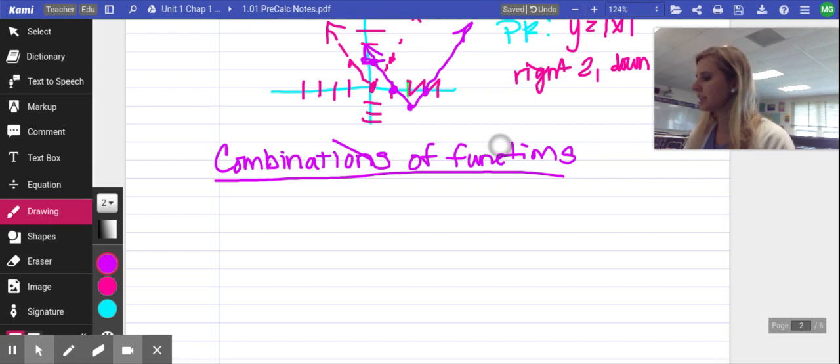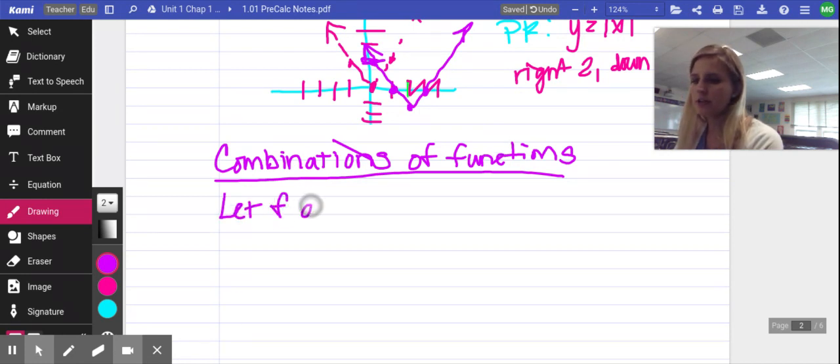Okay, so we're going to get to that in a minute. But before we talk about the open circle combinations, we're going to talk about your basic operations with more than one function. So you're going to let f and g be functions with overlapping domains.